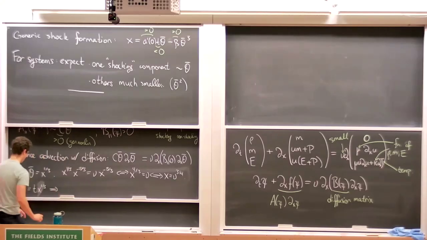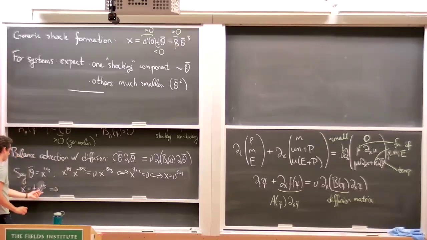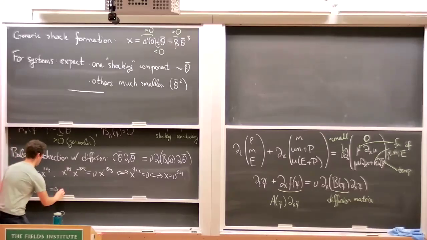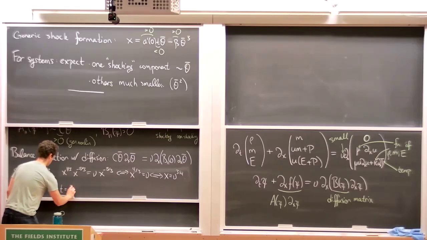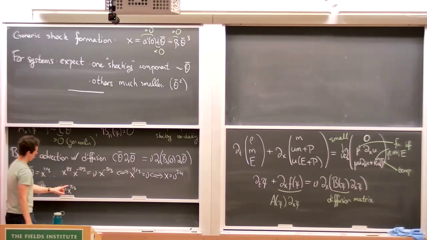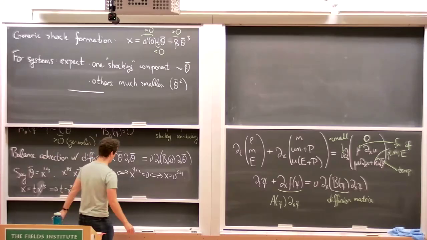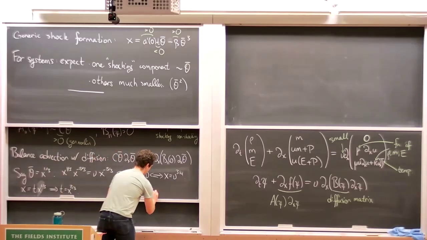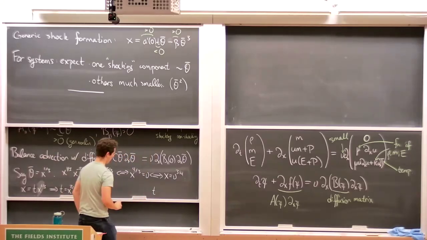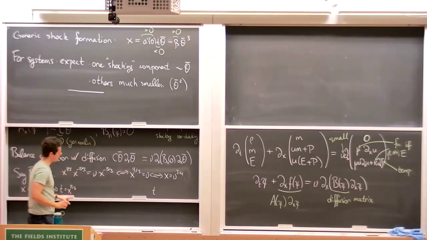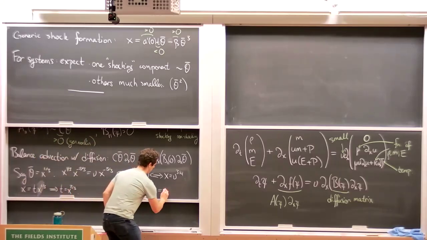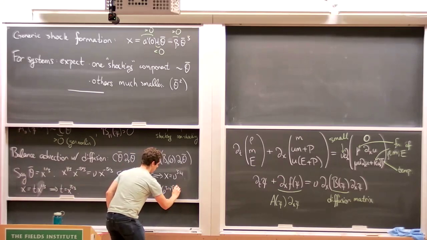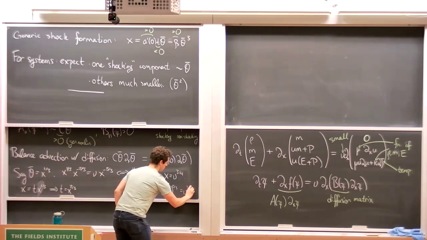That'll tell me that these things are of comparable order in my cubic equation when t is like x to the 2/3. And if I bring that over here, this would say that the diffusion should matter when time is of order nu to the 3/4 raised to the 2/3, and that comes out to nu to the 1/2.